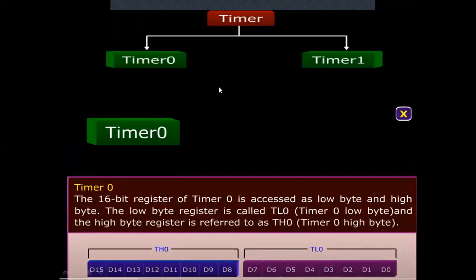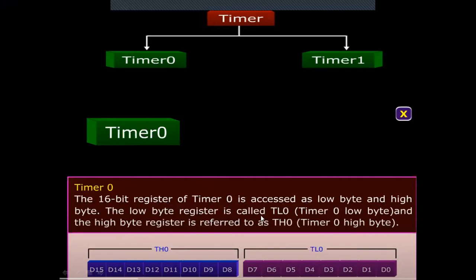This picture shows the two timers of 8051. So they are timer 0 and timer 1. Timer 0 is a 16-bit register, and since we know that 8051 has an 8-bit architecture, hence this 16-bit register of timer 0 can be accessed as two different registers as low byte and high byte.